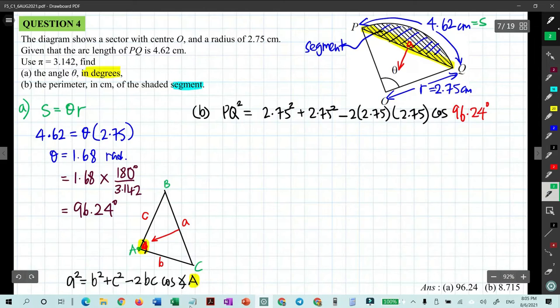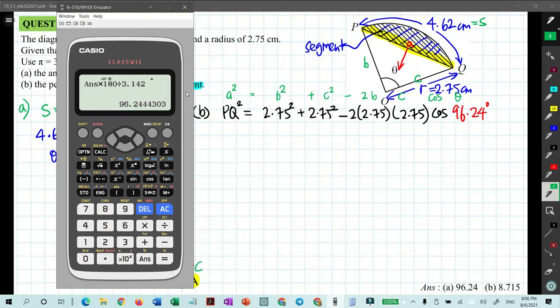You can assume PO as b and OQ as c. Basically, this is a square equals b square plus c square minus 2 times b times c times cos angle theta. Now let's find what is PQ.